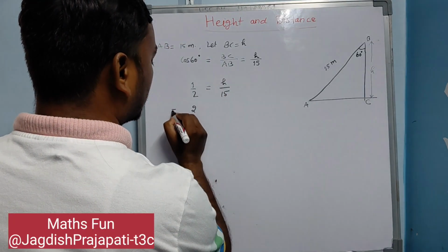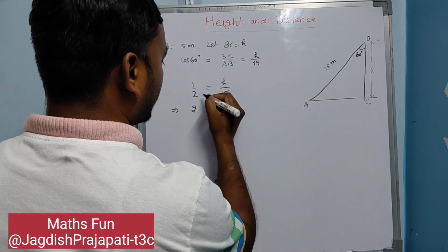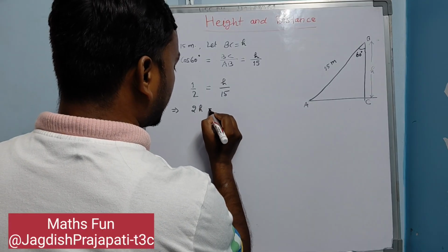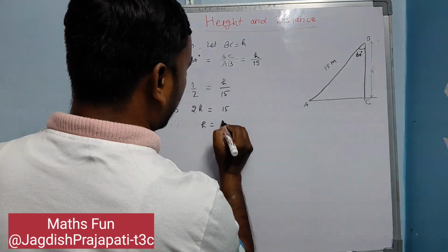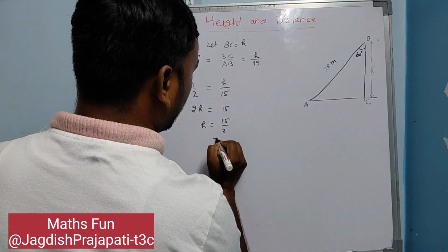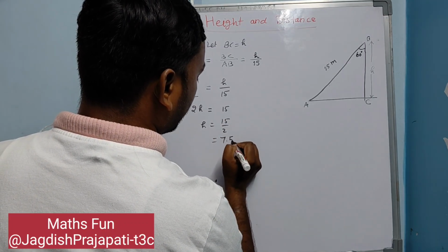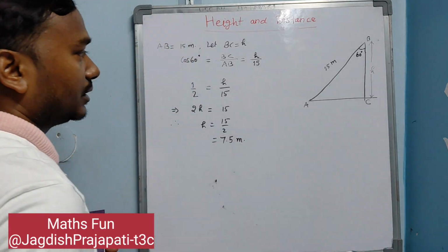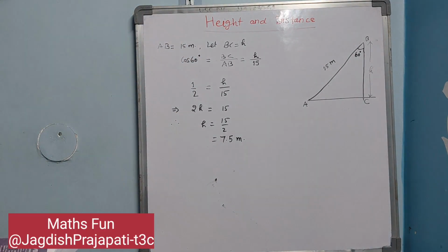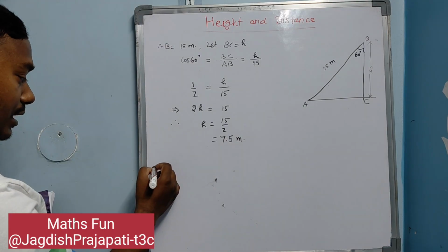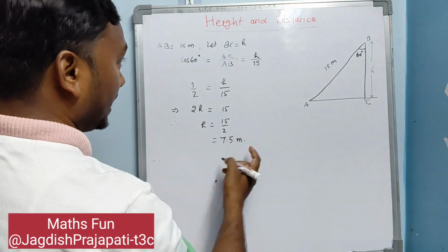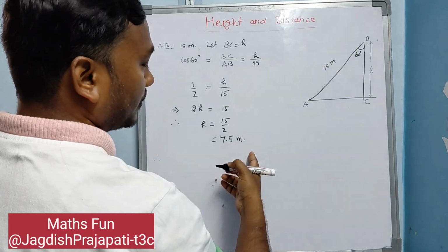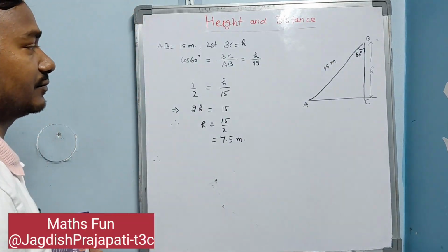Now cross multiplication gives 2h equal to 15, and therefore h equal to 15 by 2, that is 7.5 meter. So the height of the wall will be 7.5 meter. This will be the answer. You have to write one line at the end. Therefore the height of the wall is 7.5 meter.